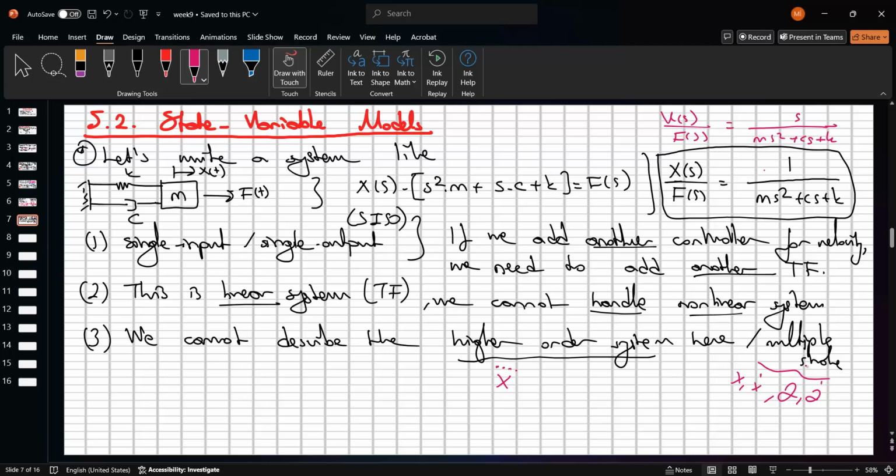For example, if you have a car, you have the rotational motion at the tire, and also the car is going with the x translational motion. See? If we have four states here, how many transfer functions? Four. Right?